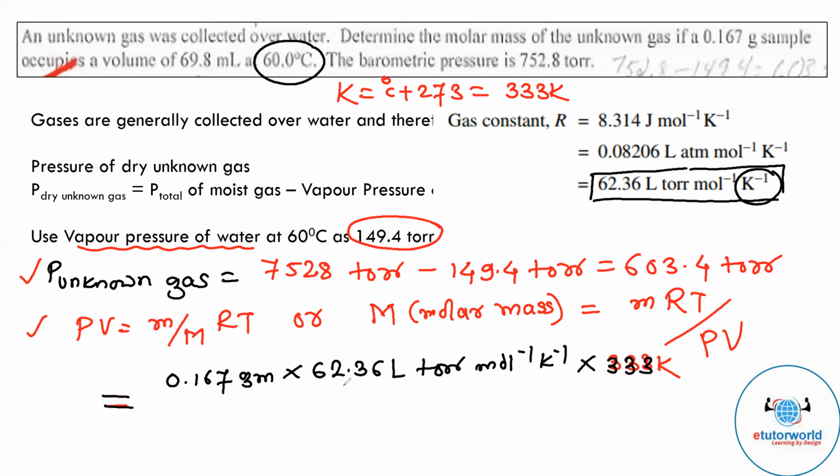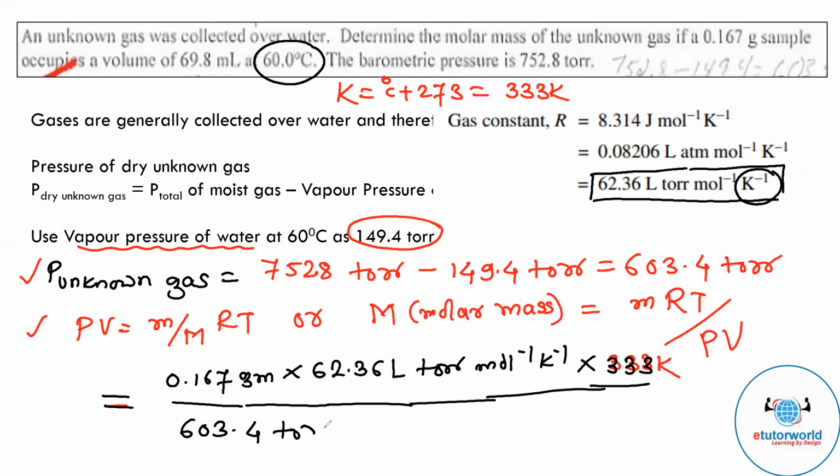Very good. Whole divided by the pressure. How much pressure have we calculated? 603.4 torr, multiplied by the volume. Now volume should be in liters, so I will write this as 69.8 times 10 raised to minus 3 liter.